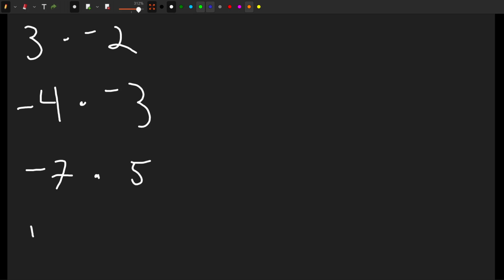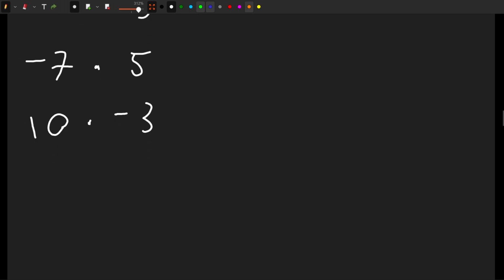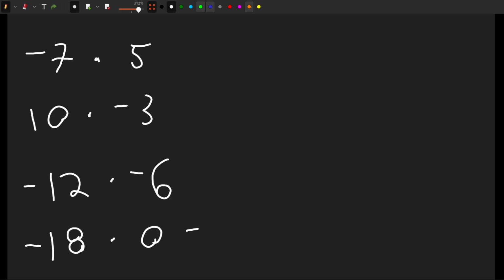We will have 10 times negative 3. Then I'm going to add a couple more here. We will have negative 12 times negative 6. And then we will have negative 18 times 0. Add back my equal sign for each of these.